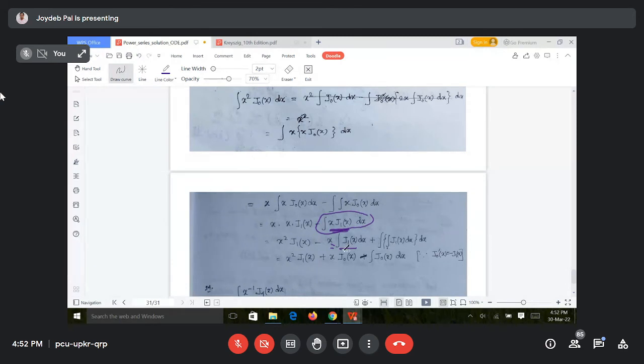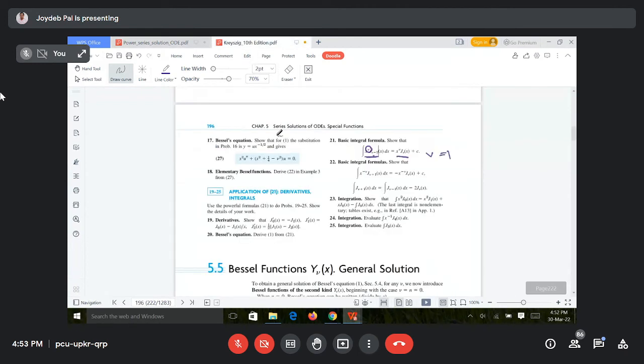Now the integration of J1 x, is there any formula for it? You think about these two formulas and any particular value of nu.